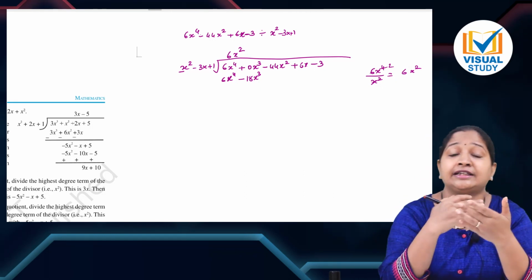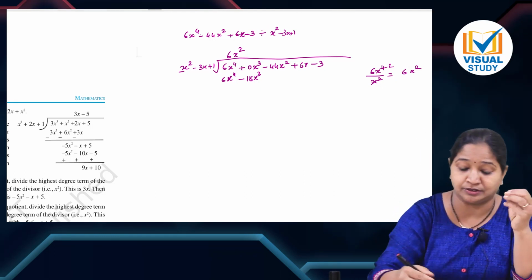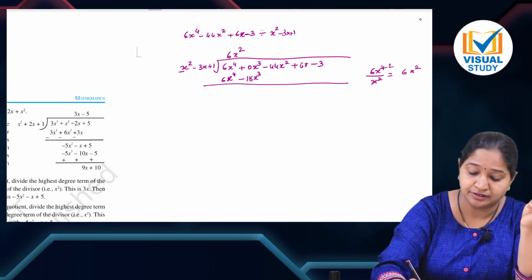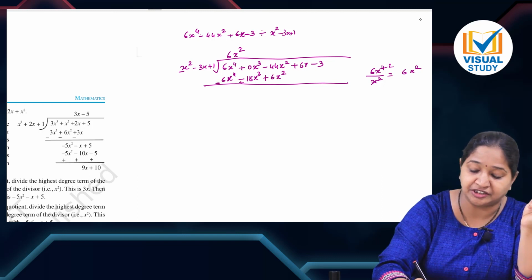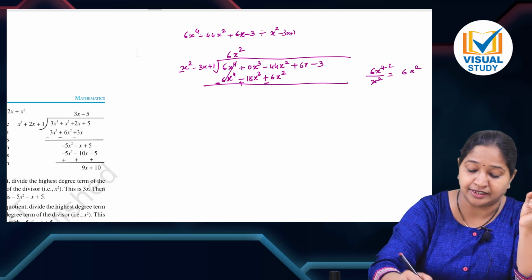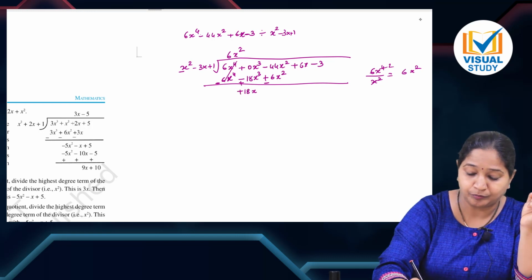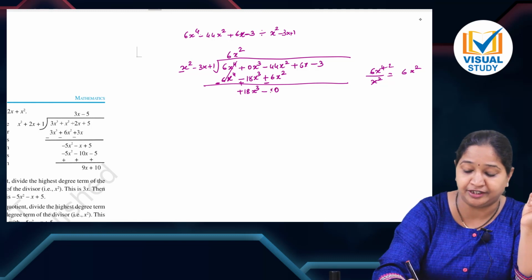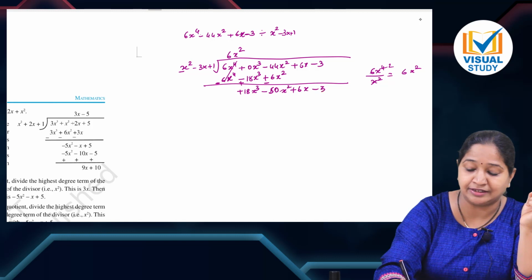See here, because of this I told you to write 0x cube, whether they have given you the x cube term or not. Now 6 into 1 is plus 6x square. Again change the signs, that is plus 18x cube minus 44 plus 6, this is minus 50x square plus 6x minus 3.